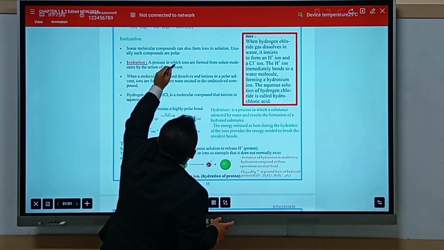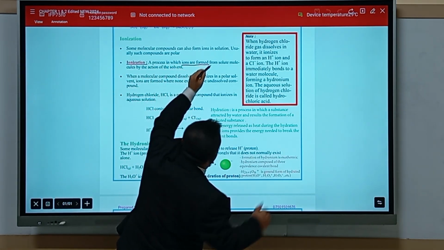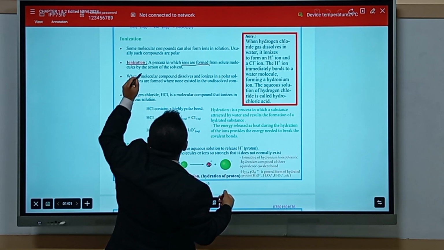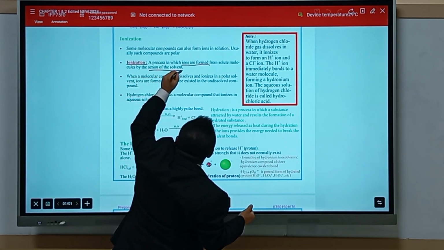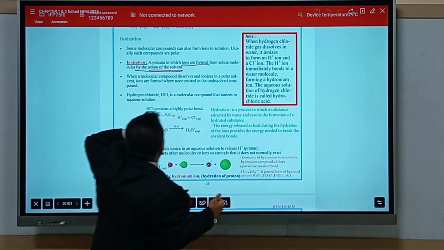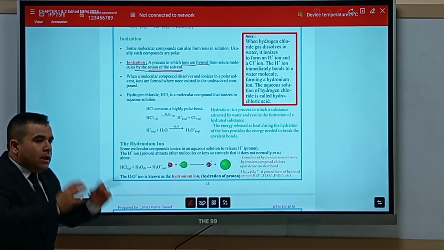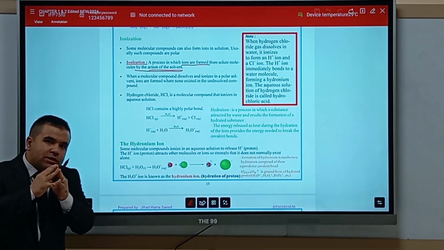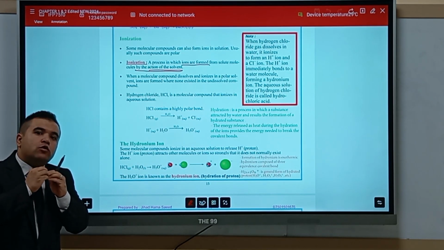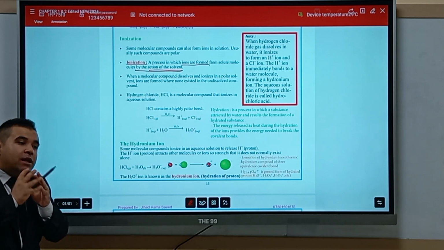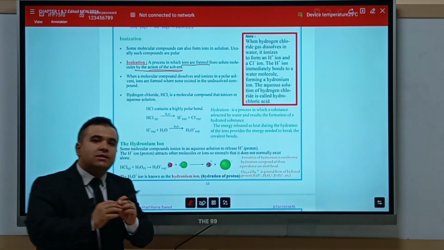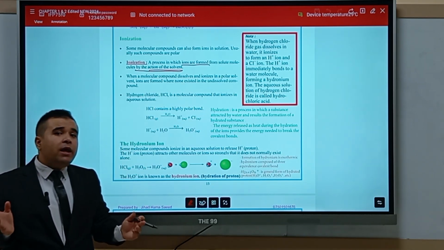Ionization is a process in which ions are formed, this is the first keyword, by the action of the solvent for molecular compounds. In ionization, we use the formation of ions, not separation of ions. Why?